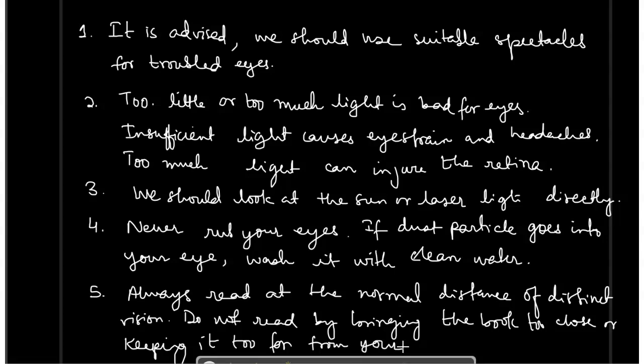So these are some of the advices, some of the suggestions on how you can take care of your eyes. There are many more you can check.